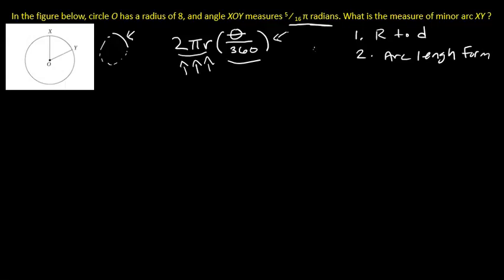So let's try that. I have 5/16 pi. Anytime you see the pi just dangling like that, it goes in the numerator, in the top.